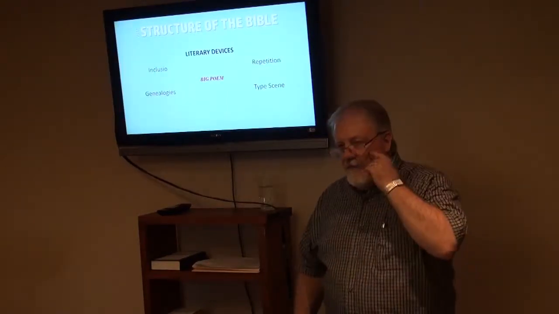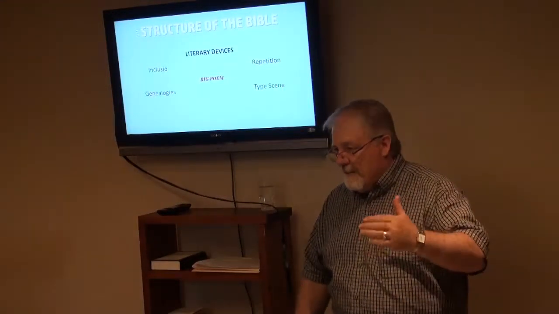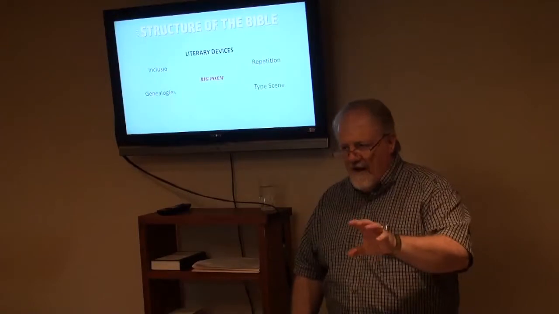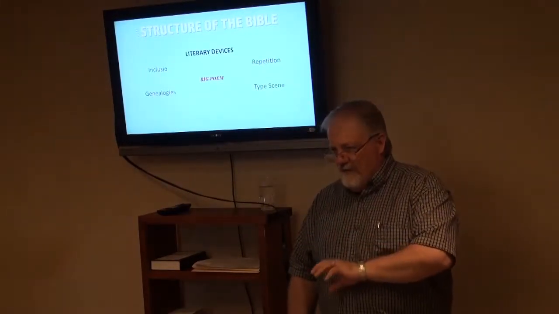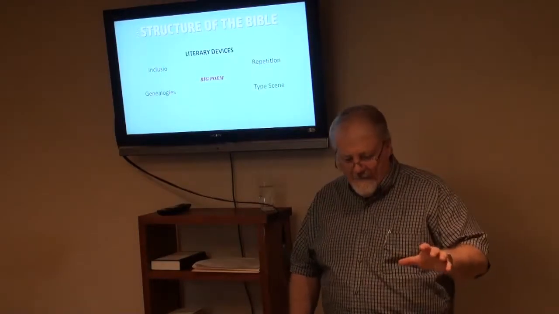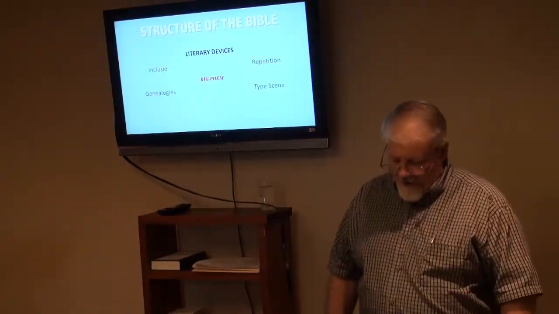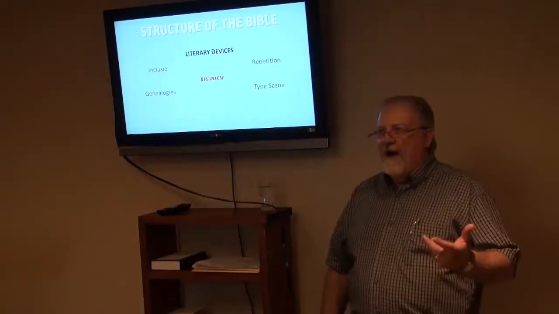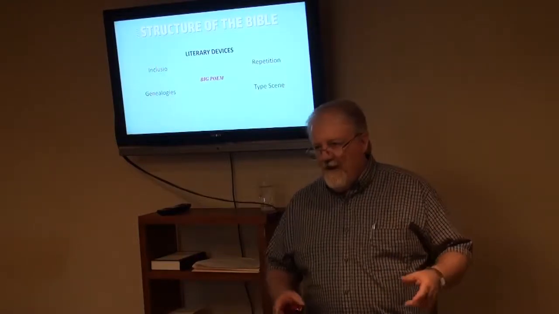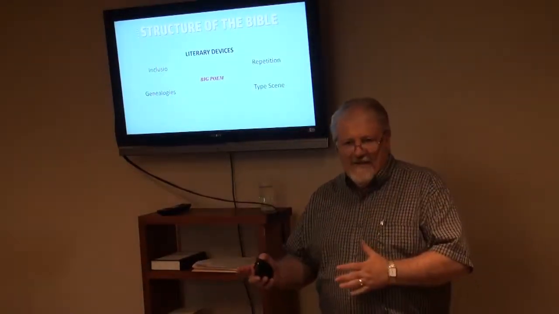Now, again, what we're trying to think about here is a literary device that makes a break. Because we're trying to understand that we can separate Genesis from Exodus, Leviticus, Numbers, and Deuteronomy as being an introductory part by itself, even though it's part of the five books of the law. So when you have a musical, for instance, like the movie Singing in the Rain or Sound of Music, how do they change scenes?